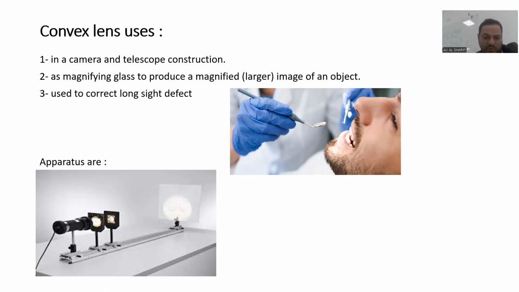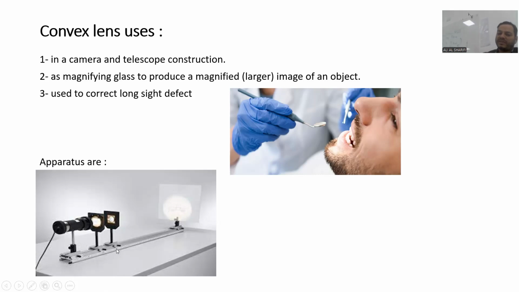After that, we will leave these two positions and work on the lens. Let's move its position to achieve a clear picture here, a clear image. After that, we will calculate U and V.